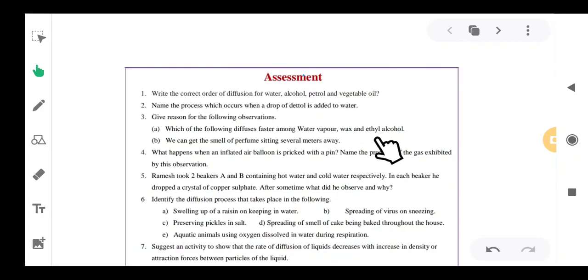So ethyl alcohol diffuses very fast because it has lower density.